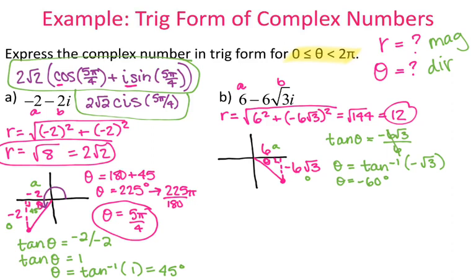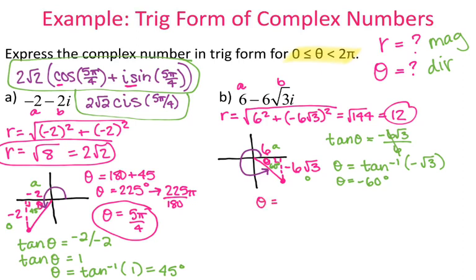So 60 degrees. Now I don't really care that it is negative. I'm just going to use the 60 degrees as my reference angle. Now keep in mind, anytime we're talking about theta, theta has to come from standard position. So that's from your positive x-axis all the way around until you hit your complex number, similar to what we did with vectors when we were finding direction.